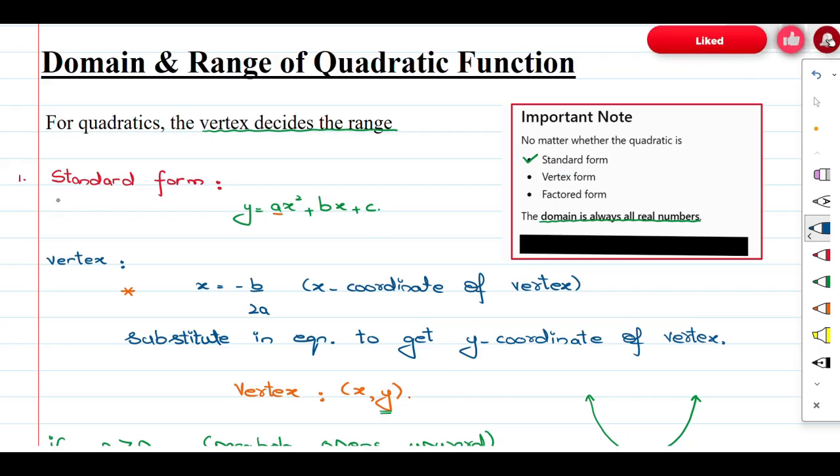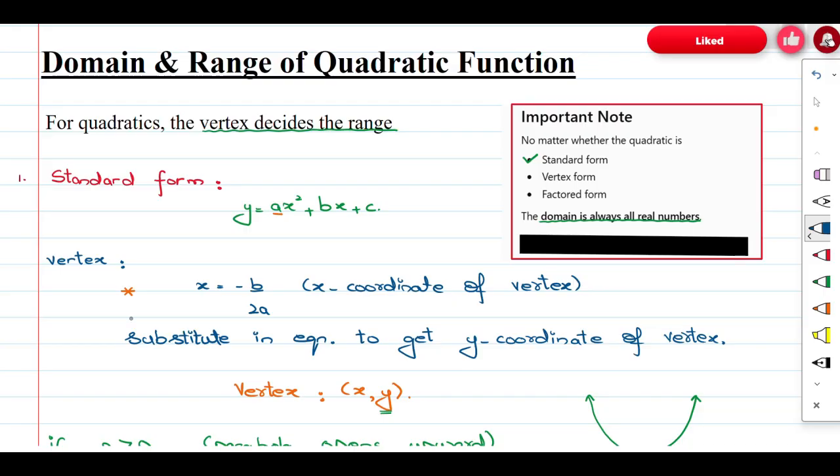So first, let me talk about the standard form. We all know that the standard form of the quadratic equation is y equals ax squared plus bx plus c, right? Now from this standard form, its domain is all real numbers. Now we need to figure out its range, and for the range we need the vertex. So how do we get the vertex?